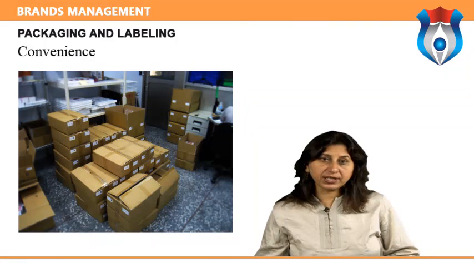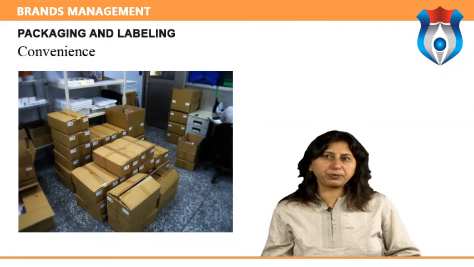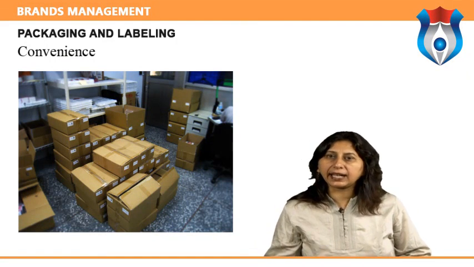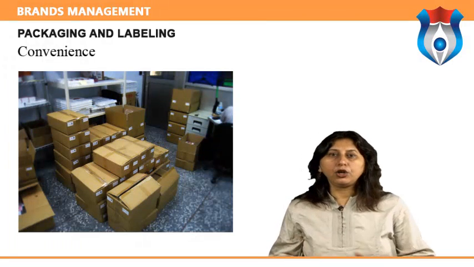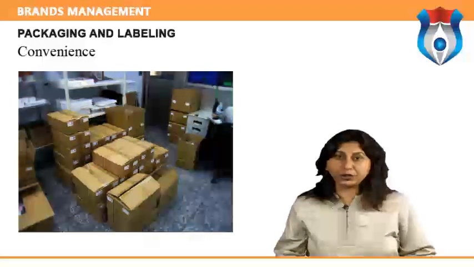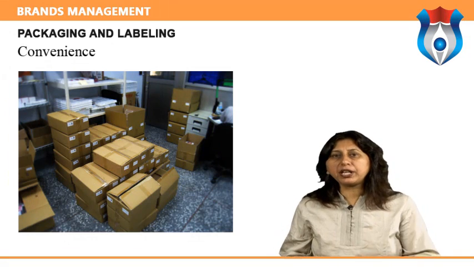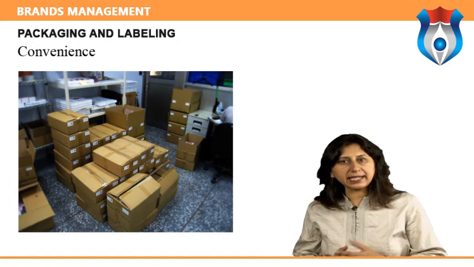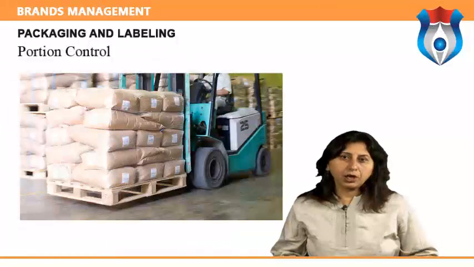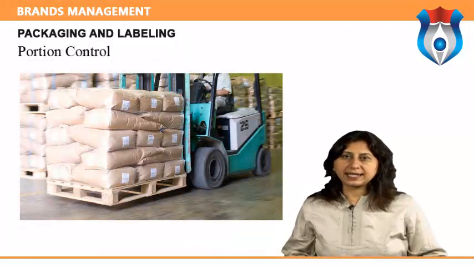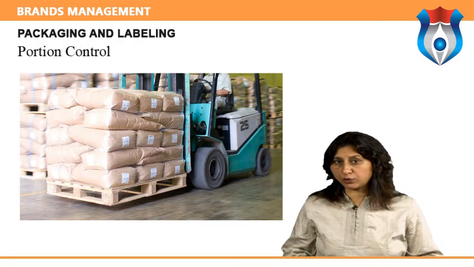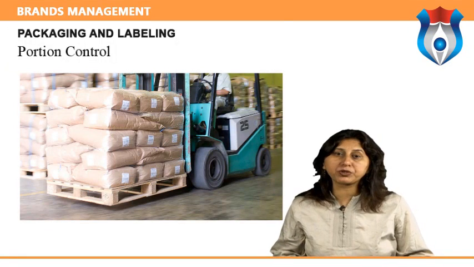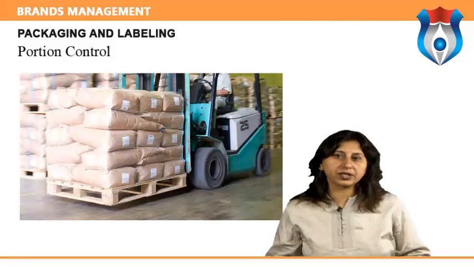Packages can have features that add convenience in distribution, handling, stacking, display, sale, opening, reclosing, use, dispensing, reuse, recycling, and ease of disposal. Portion control. Single serving or single dosage packaging has a precise amount of contents to control usage.